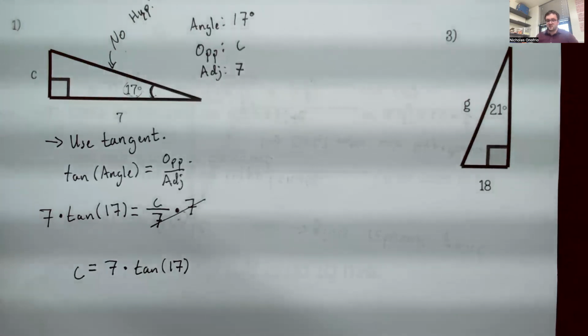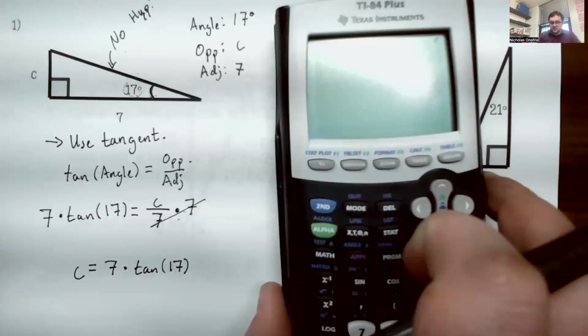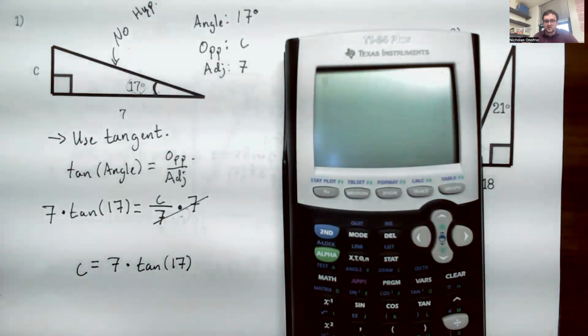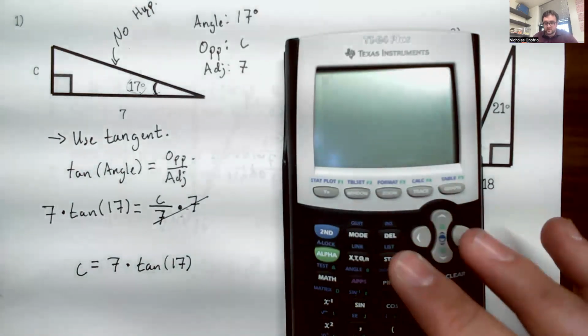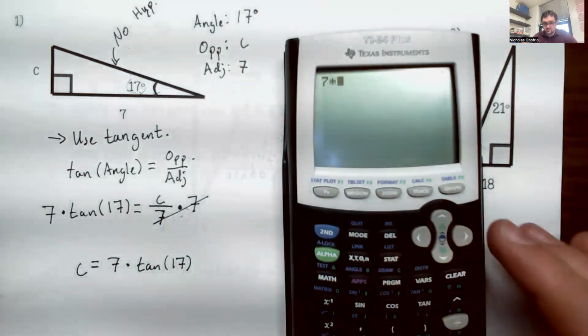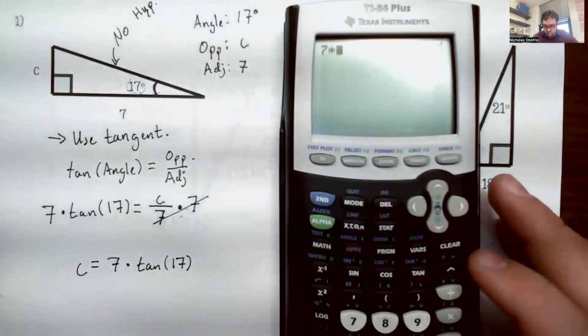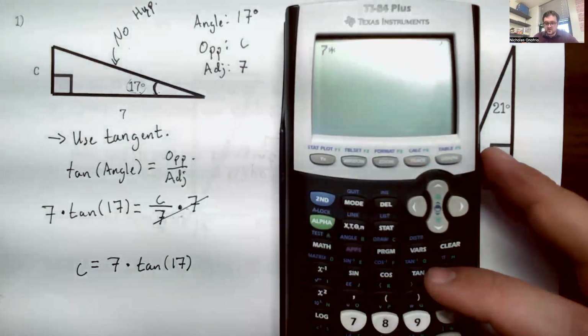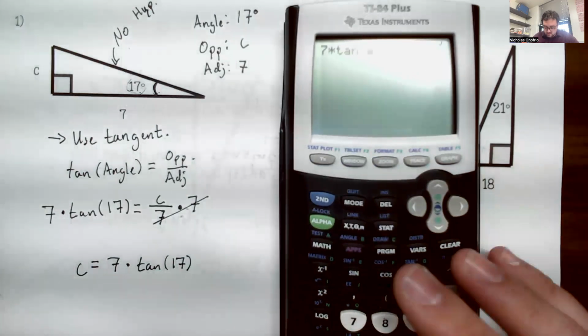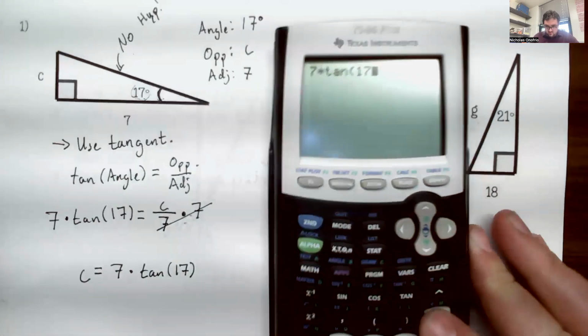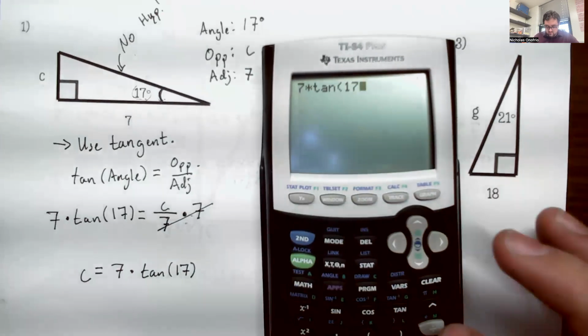Now that we've gone this far, hopefully everyone has a calculator today. Let's put this into the calculator. 7 times, don't forget your tangent button is a couple above the 9, tangent 17.